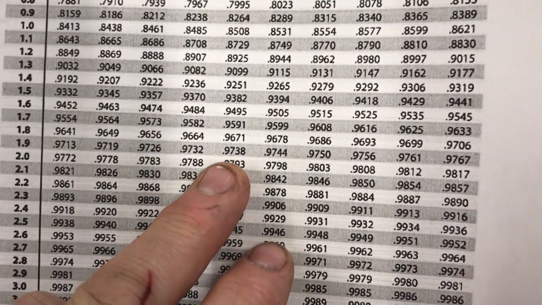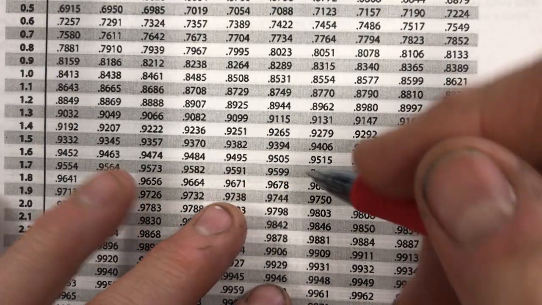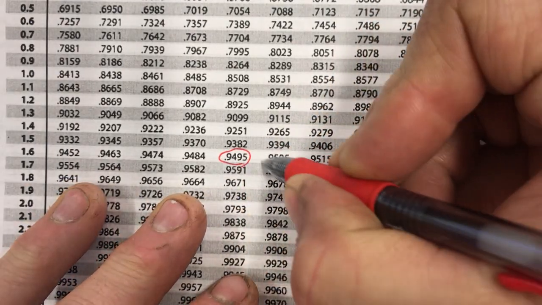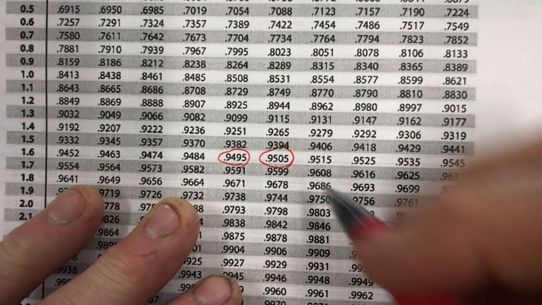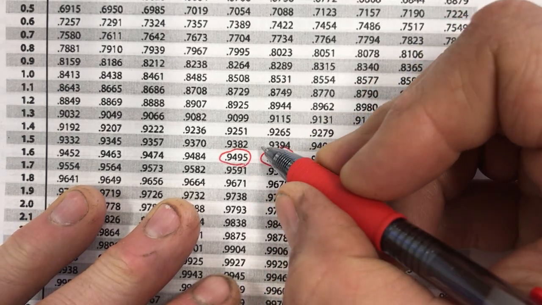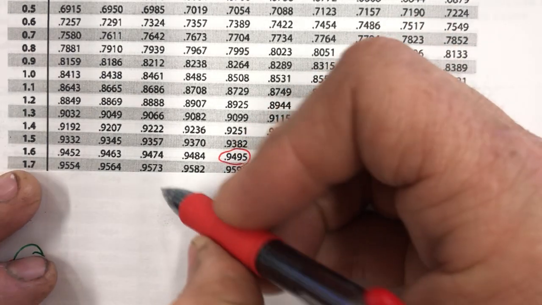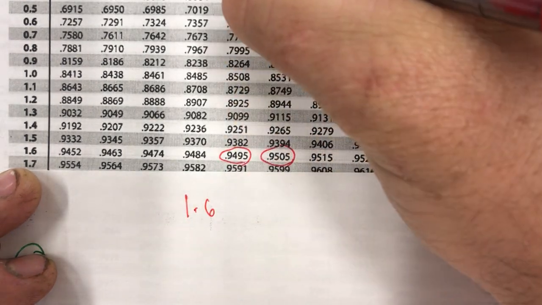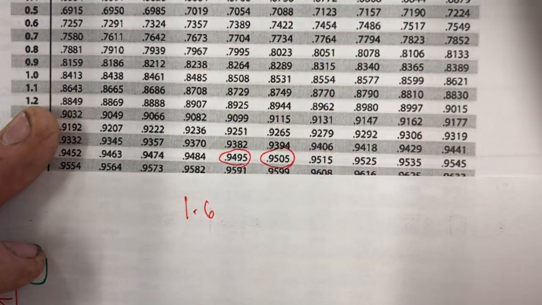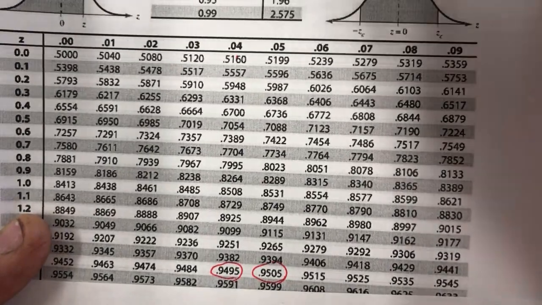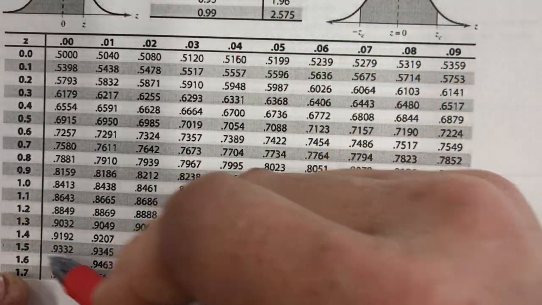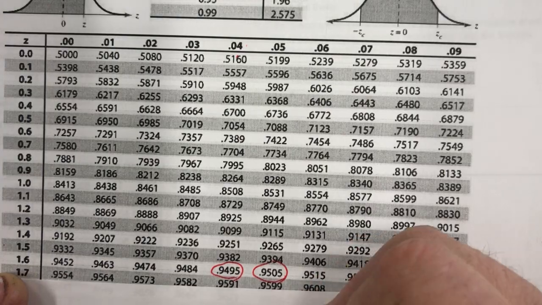And let's see, here's 97, and here, okay, look here. It's between these two values right there. See, 0.9500 is between those. So this is 1.64. Here, let me push down a little bit. See here? 1.64.